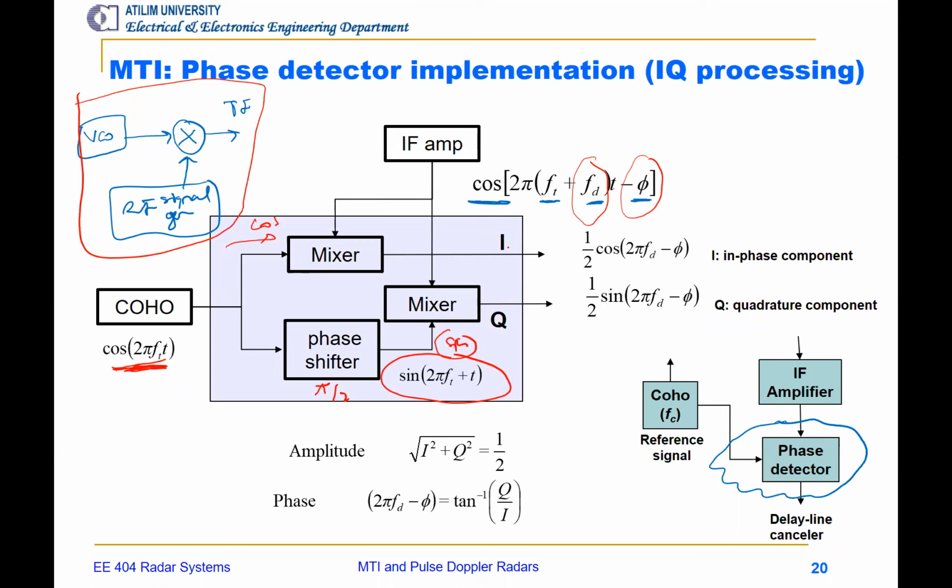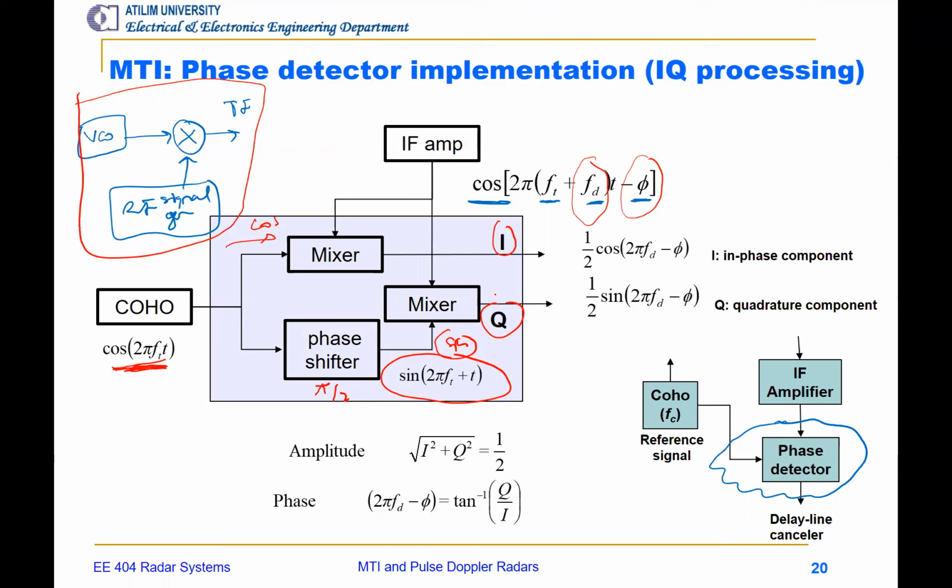The output of the mixer to which we apply cosine is called the in-phase component, while the output of the mixer to which we apply sine is the quadrature component. So I and Q. I refers to the component aligned with cosine, Q refers to the component aligned with sine, so a 90 degrees phase shifted version.